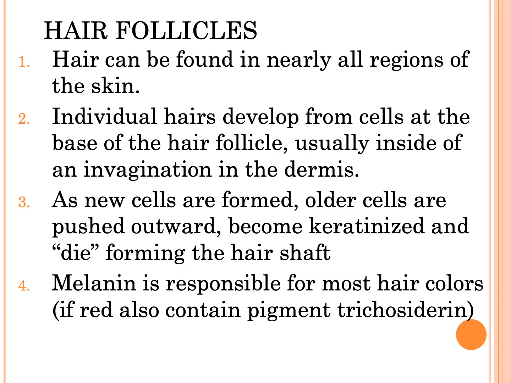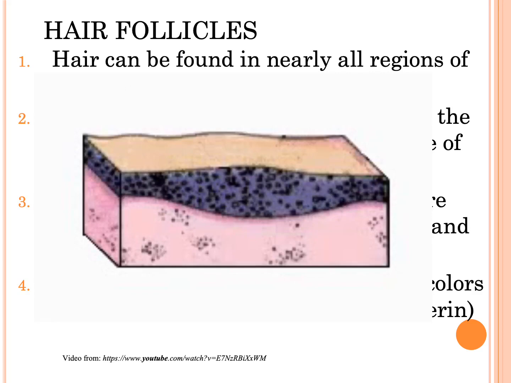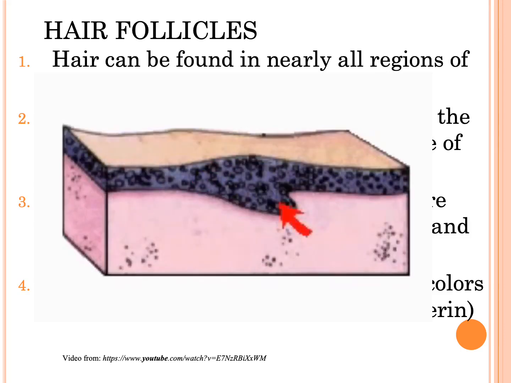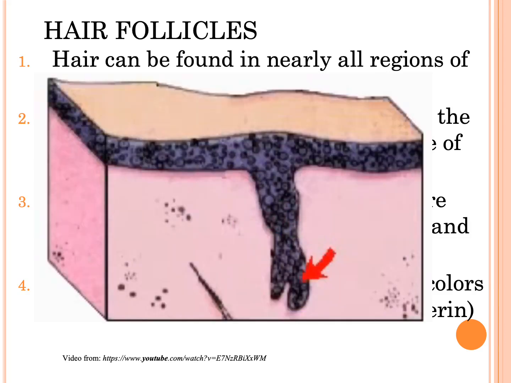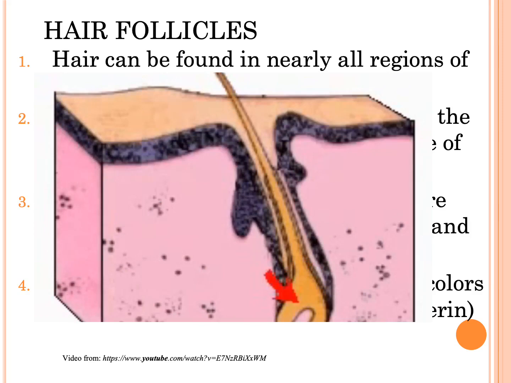And so let's take a look at how hair follicles come about. Hair follicles are going to come about through an invagination process. This invagination process leads to the development of a pit, and this pit continues to grow into the dermis, and then it stops and forms the hair root, and from the hair root we're going to get the cuticle to grow.